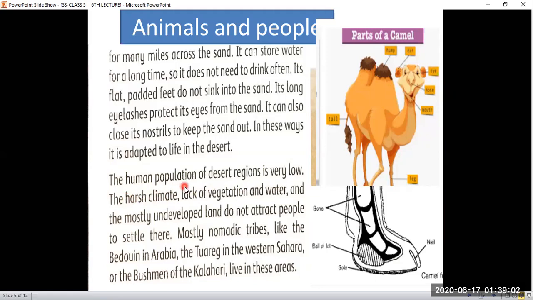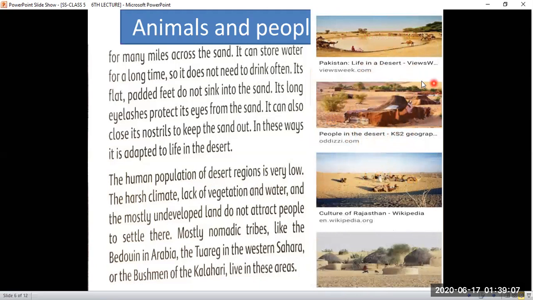So the human population of desert. Look here, these are the human population in desert. The human population of a desert region is very low. The harsh climate, lack of vegetation and water, and the mostly undeveloped land do not attract people to settle there.